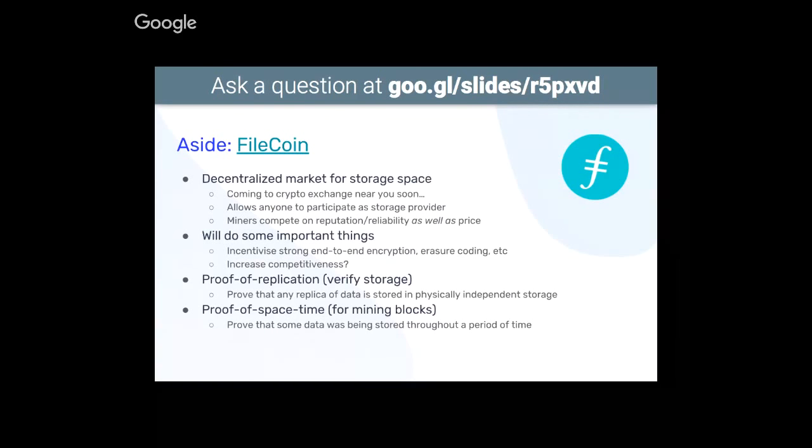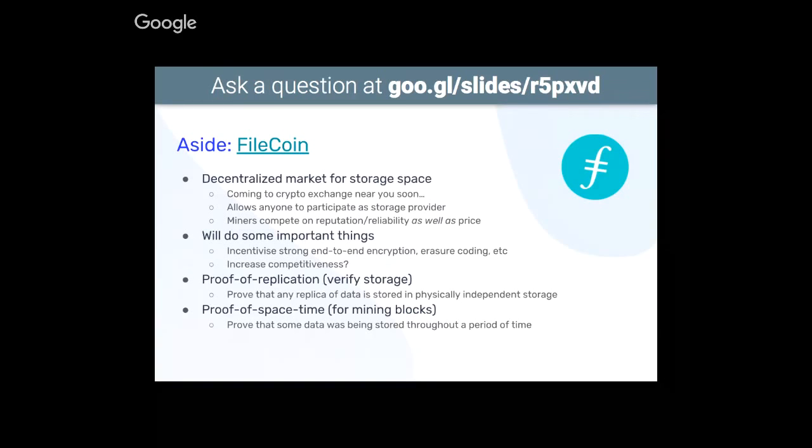So this brings us to our first aside for the session, which is Filecoin. I'm only going to briefly talk about Filecoin, but I'll provide some resources and links at the end of the slides for you to check out as well. If you aren't already aware of Filecoin, this is basically Protocol Labs, which is the group behind IPFS, the group that started it. It's their crypto coin.